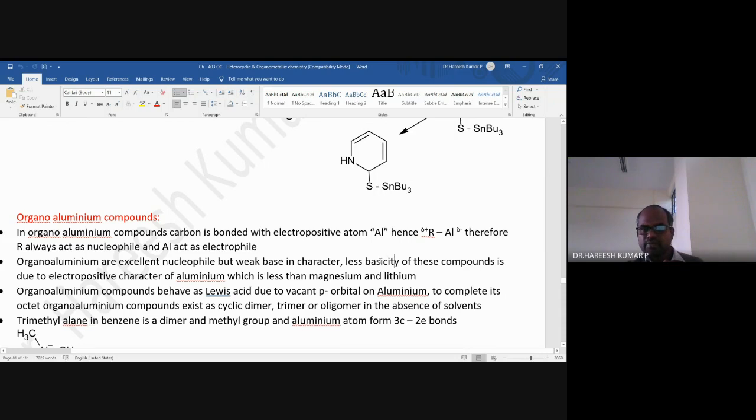The less basicity of these compounds is due to the electropositive character of aluminum, which is less than magnesium and lithium.